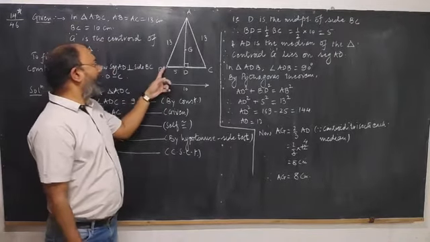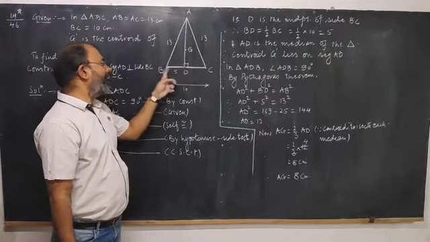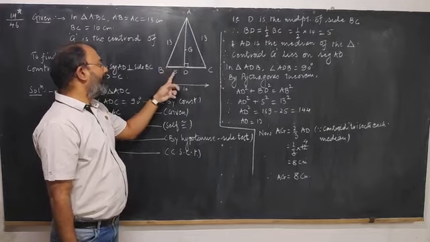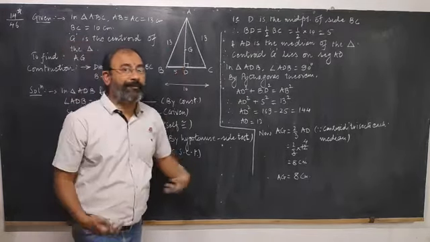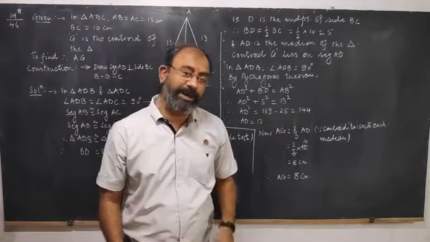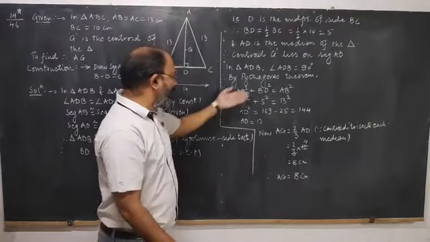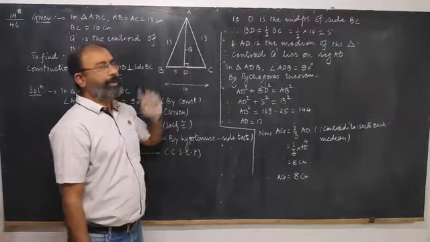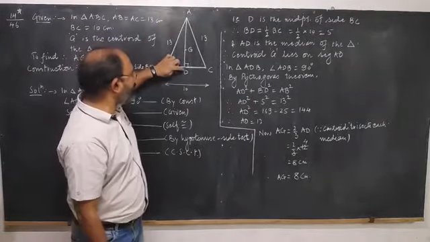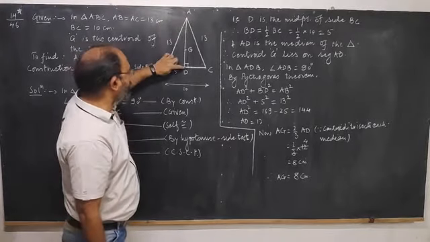Now if I apply Pythagoras theorem in triangle ADB, 5, hypotenuse is 30. So by Pythagoras theorem, if we have learned to frequently use triplets, we know that AD comes out to be 12. So length AD is 12, median AD is 12.